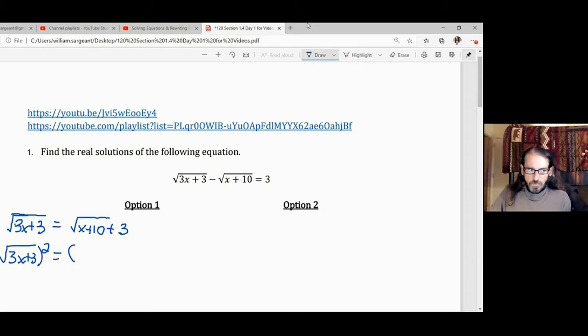Which on the left-hand side is going to cancel the square root.